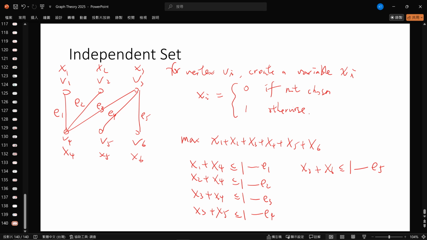Okay, so because actually independent set is NP-hard for general graph, so you cannot solve it using linear program.